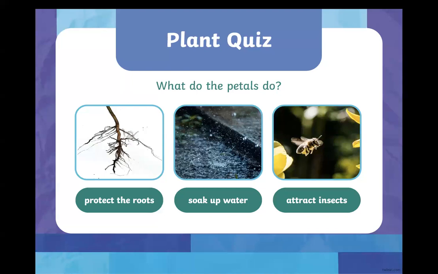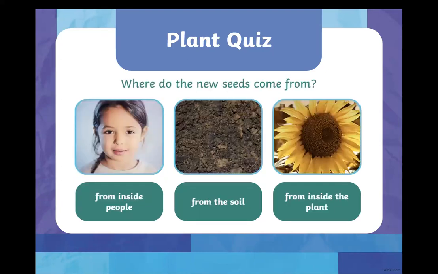What do the petals do? Protect the roots, soak up water, or attract insects? Where do the new seeds come from? From inside people, from the soil, or from the flower, inside the plant?